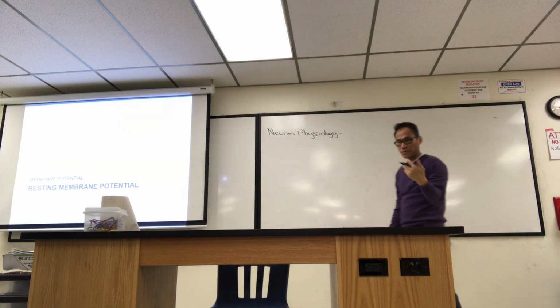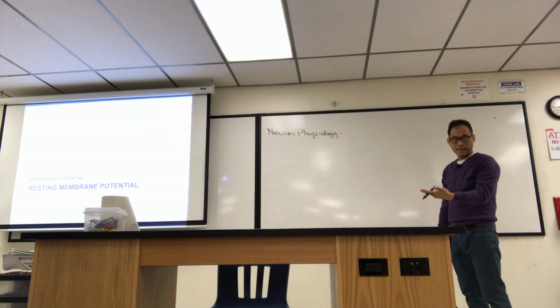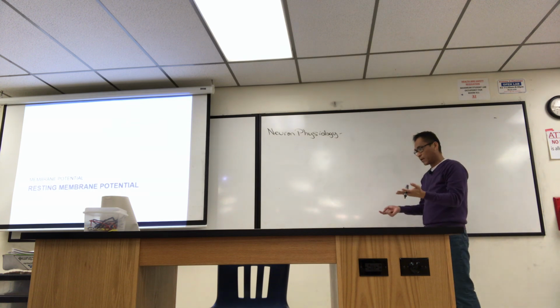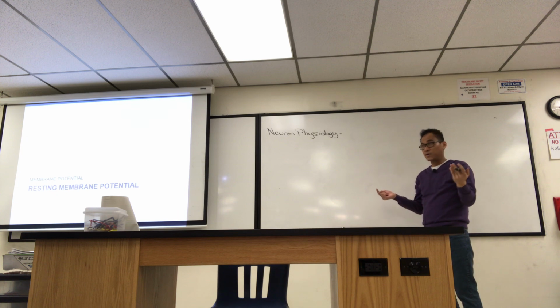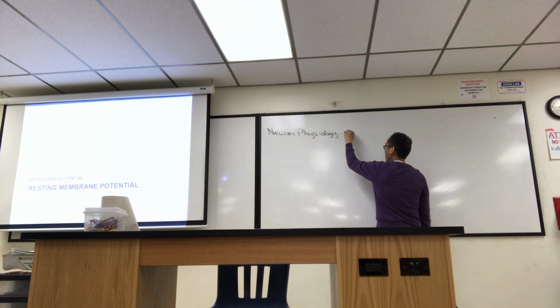So what I tried to teach you in the first lecture is that these cells are excitable. They have all these areas of communication, areas of input, areas of output. So we're going to get into this excitable cell idea.